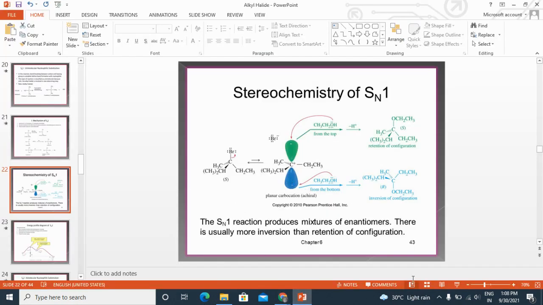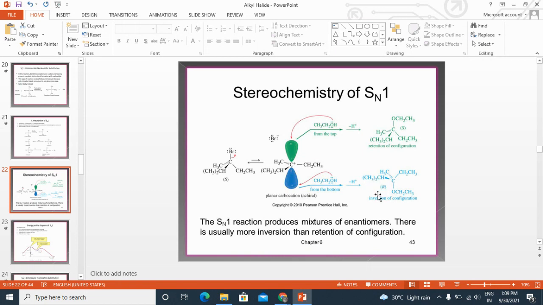So you can see here the stereochemistry will be like this, in which the attack takes place from the top or the front side. The product which we get as the stereo product here is the inversion of configuration product. And if the attack of this CH3CH2OH, or here we have taken the ethoxy group, takes place from the backside, we will get the retention of the R type of product.